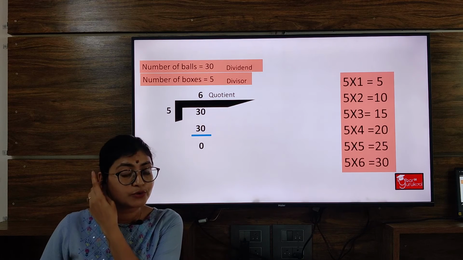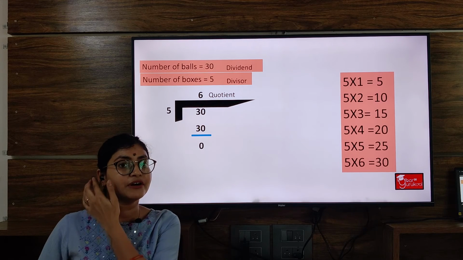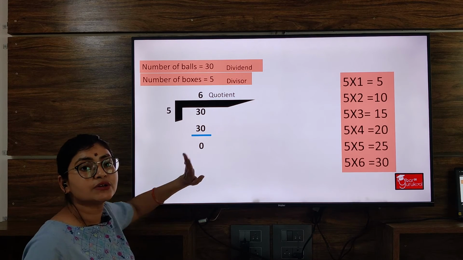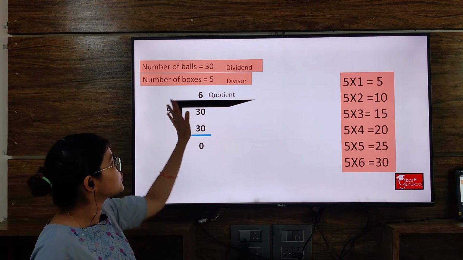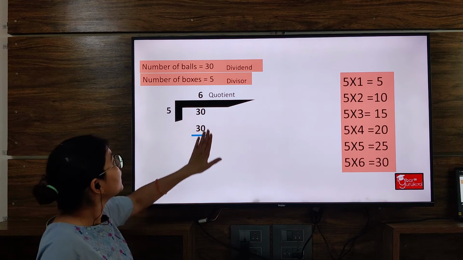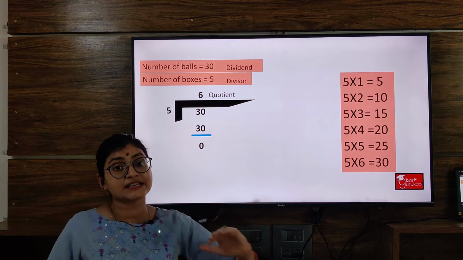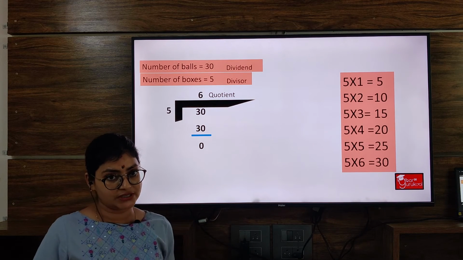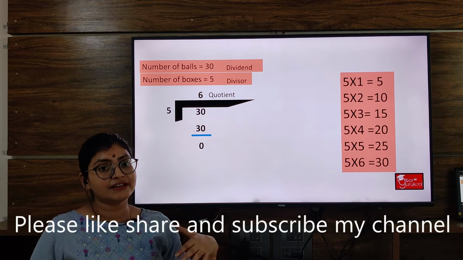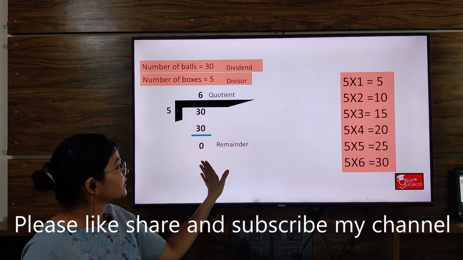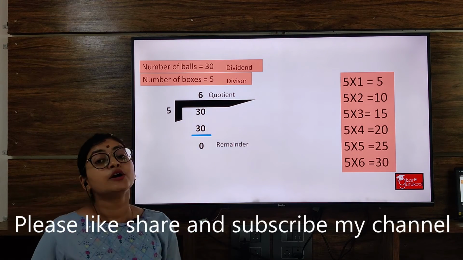As I told you, if we subtract a number from itself, the answer is always 0. So 30 minus 30 is 0 and our quotient is 6. It means I can keep 6 balls in all 5 boxes, and this way I will keep an equal number of balls in all of them. The 0 is the remainder and 6 is the quotient.